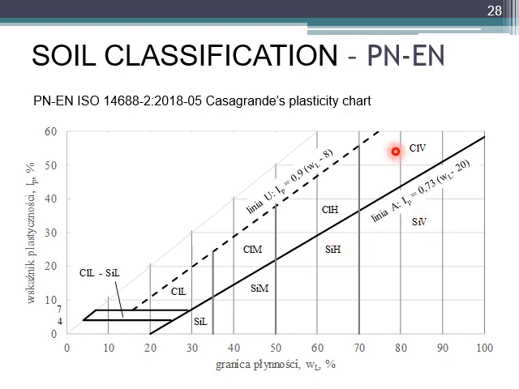If the coordinate of the soil falls above the A line, the soil shall be called clay. Okay, and again, the second letter would be L, M, H, or V, depending on the value of the liquid limit.